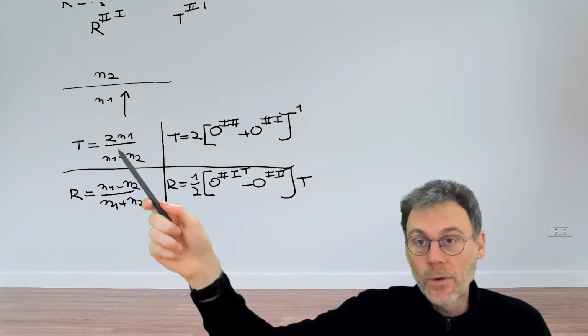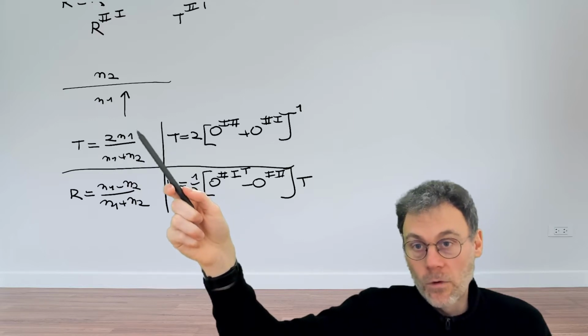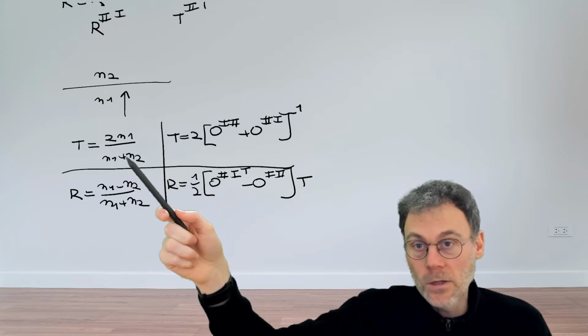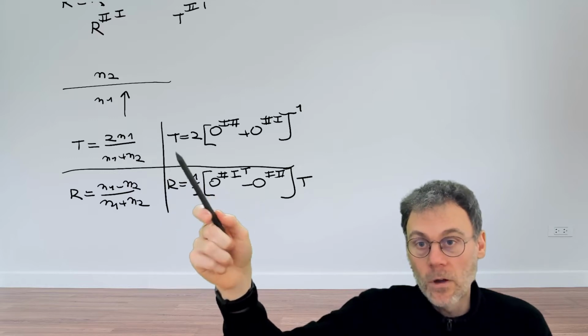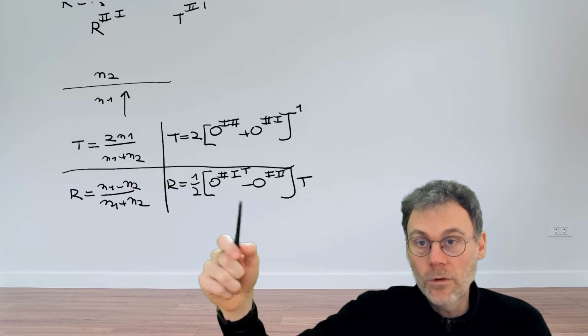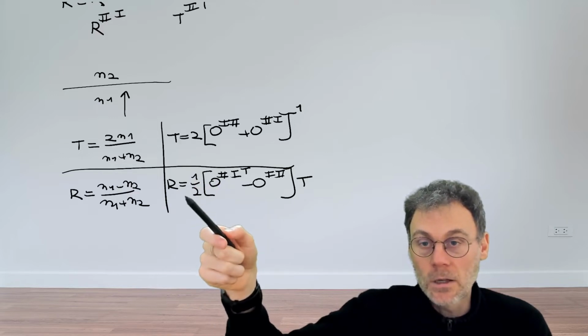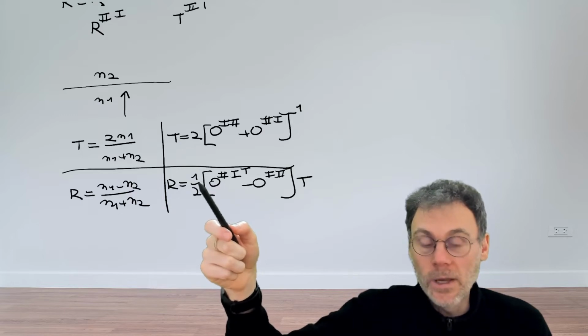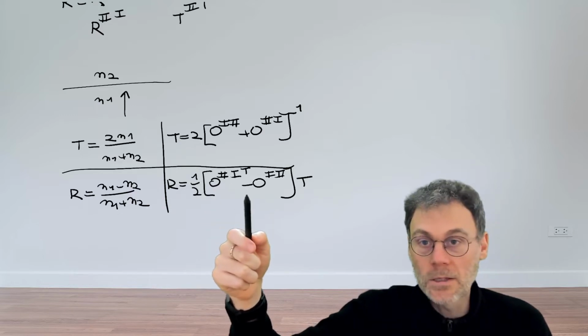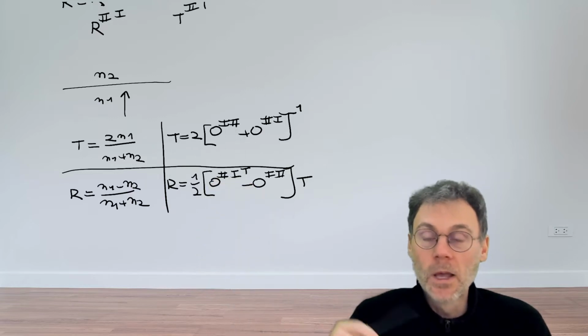So here, the 2 over here corresponds to the 2 over there. If you forget for a moment about the numerator, the denominator is basically the sum of something. And then for the reflection matrix, if you substitute t in this equation, then this 2 and this 1/2 will cancel. And then you basically have something which has a difference in the numerator and a sum in the denominator.